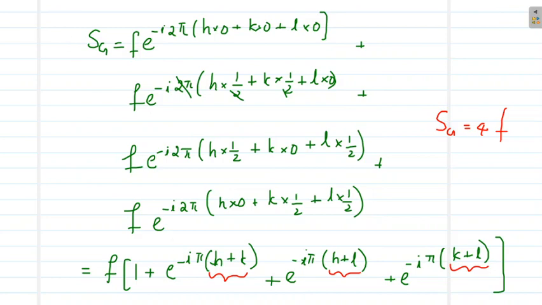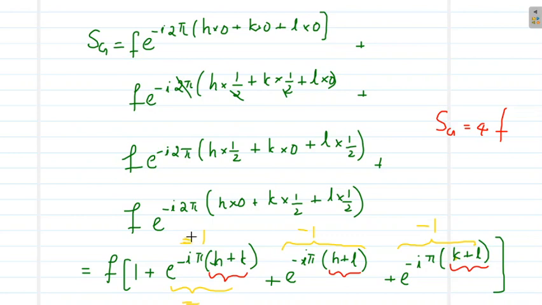What will be the first term? e raised to minus iπ (h plus k). h plus k will be even because h and k are even, so this term will be equal to 1. Now h is even and l is odd, that means h plus l is odd. Then e raised to minus iπ into an odd number will be minus 1. And similarly k is even and l is odd, and hence this term will again be minus 1.